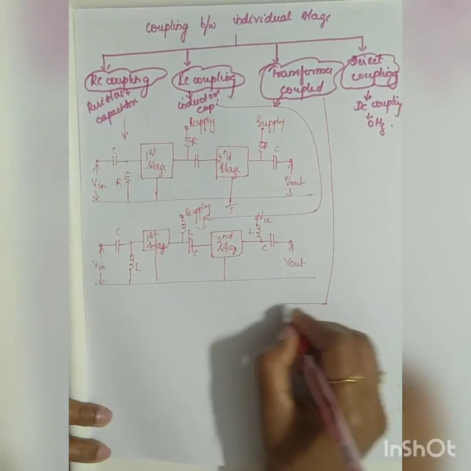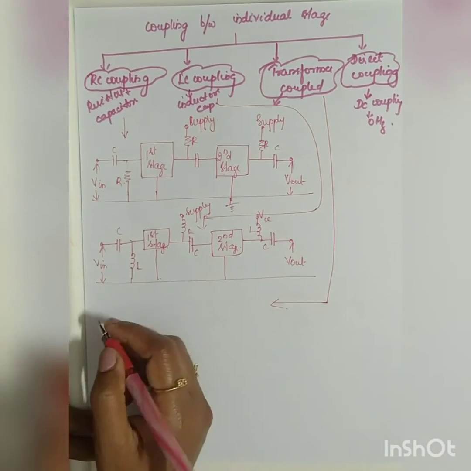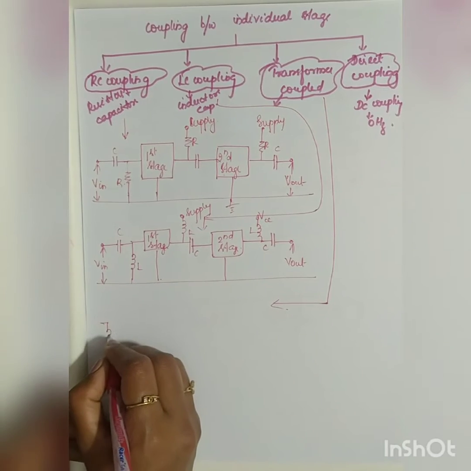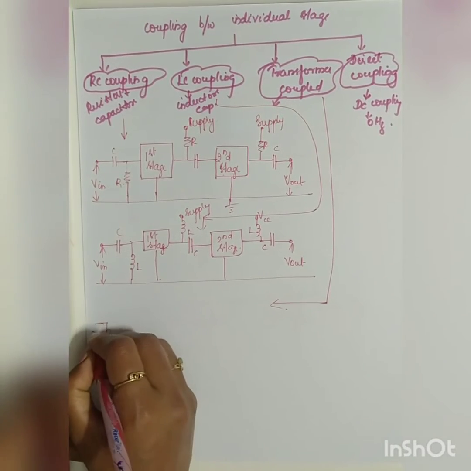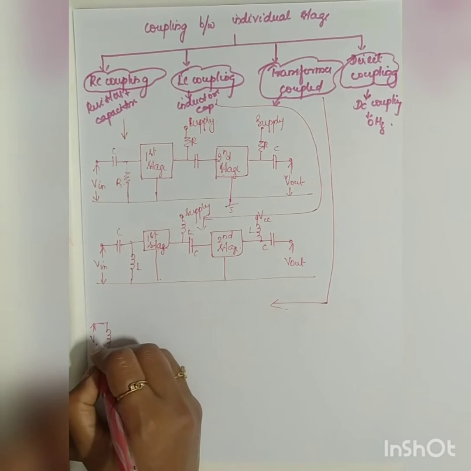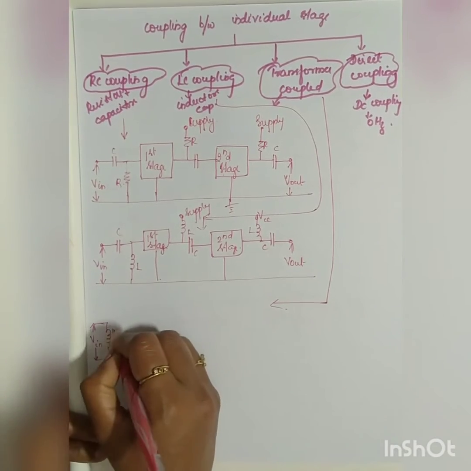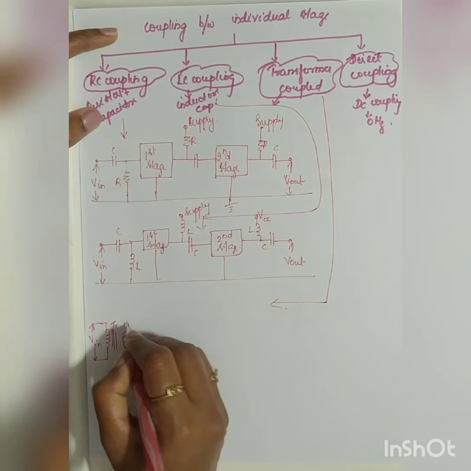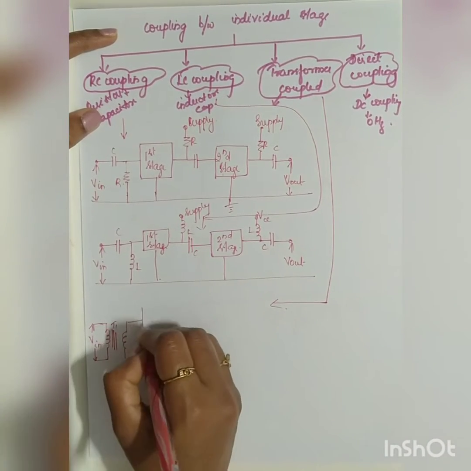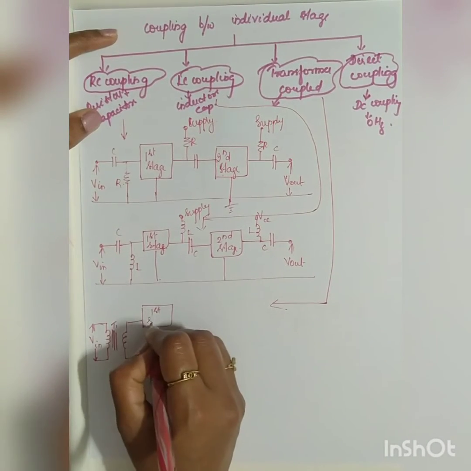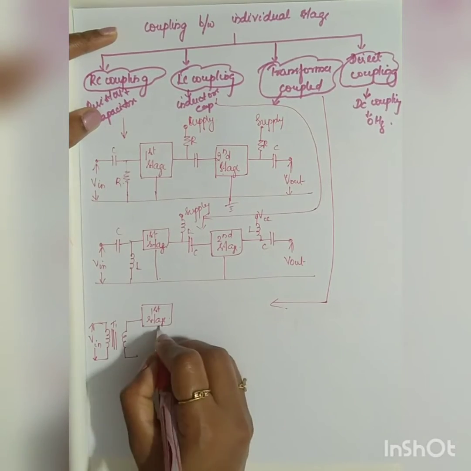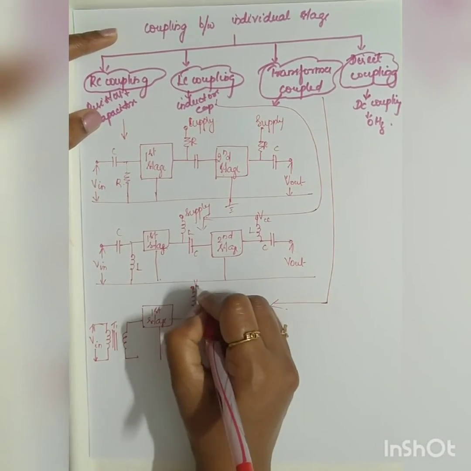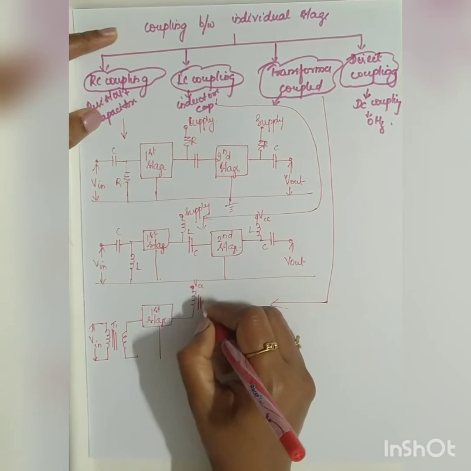Similarly, what will be the diagram for your transformer coupling? Instead of LC, you are going to use the transformer. So this will be your input to the primary of the transformer, right? So this will be your T1, which will be given to the first stage. Now again the transformer, this will be connected to your VCC.